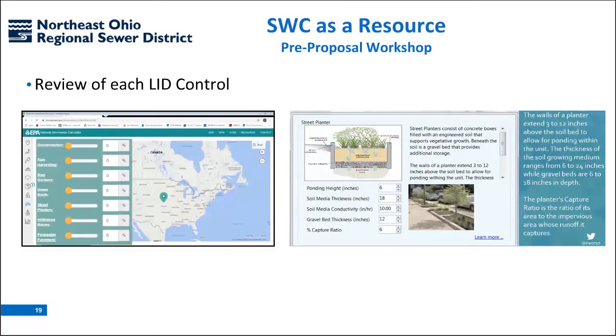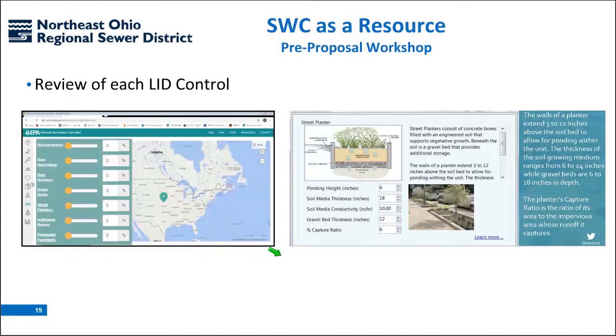So here is an example of the type of information that we review during the pre-proposal workshop. If you're familiar with the layout of the calculator, this will be familiar to you. There are a number of LID controls, and you can see them right here, that are able to be selected to run these different scenarios.